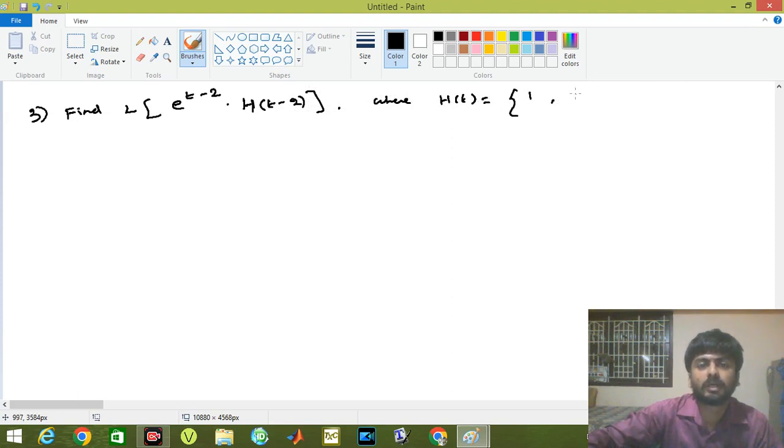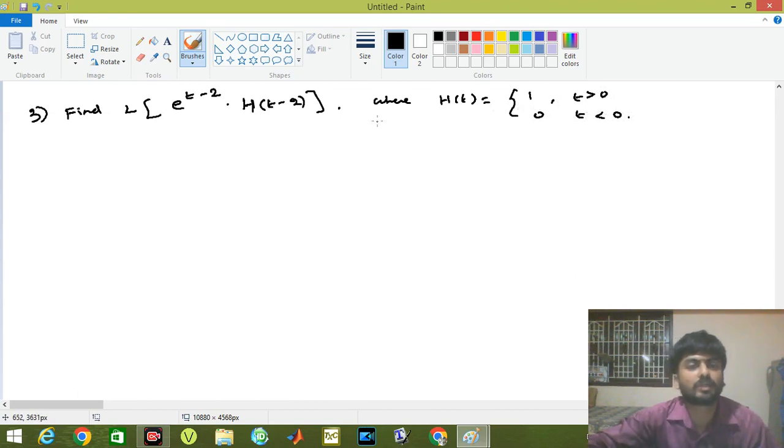h of t equal to 1 for t greater than 0 and it is 0 for t less than 0. So by the way, we are having a function like this, h of t minus 2. We are not supposed to have any other function like sine of t minus 2, cos of t minus 2.